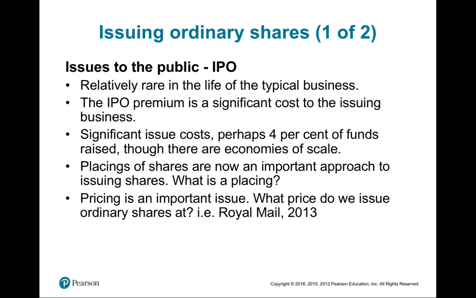And you start to get investment banks and brokers involved with these kinds of things because a business is trying to sell all of its shares, ideally at the highest price, but it doesn't want to sell them too high because then they might not sell all of the shares. So these are important aspects that need to be considered.